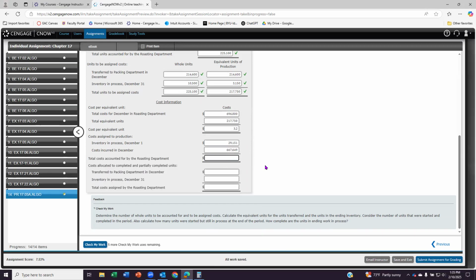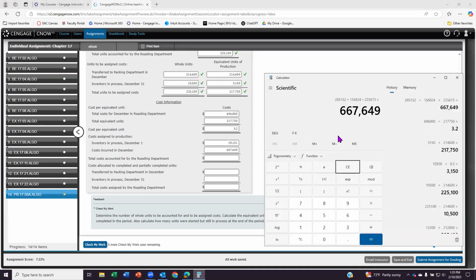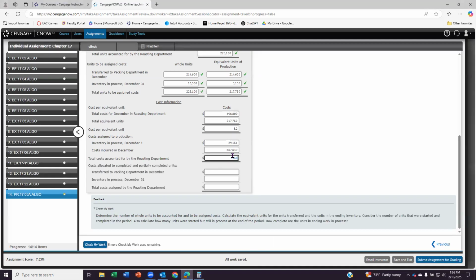And then our total cost here, we're just going to get by adding these up. So 667,649 plus 29,151 or 696,800. Which again, that should be the same as our total costs, right? This just shows us how we account for it. 29,151 for what was in process, plus 667,649 incurred during December.